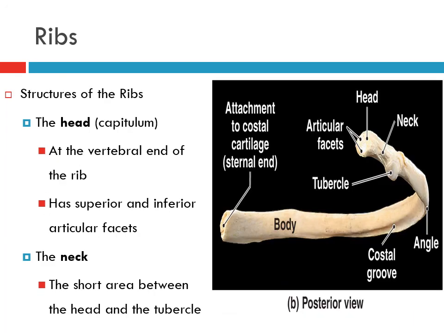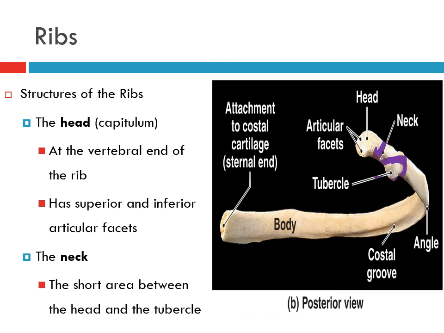When we look at the structure of a rib, we have the head of the rib, which articulates with the thoracic vertebral body at the costal facets. Below the head is the narrow neck of the rib. And then lateral to that is the tubercle.